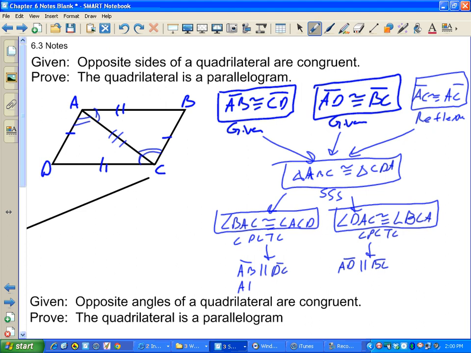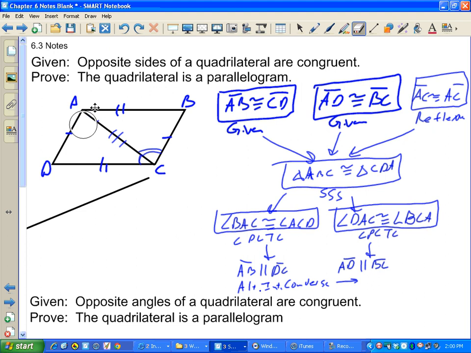Both of these are by the alternate interior converse. So having opposite sides congruent does in fact allow me to say that the shape is a parallelogram.